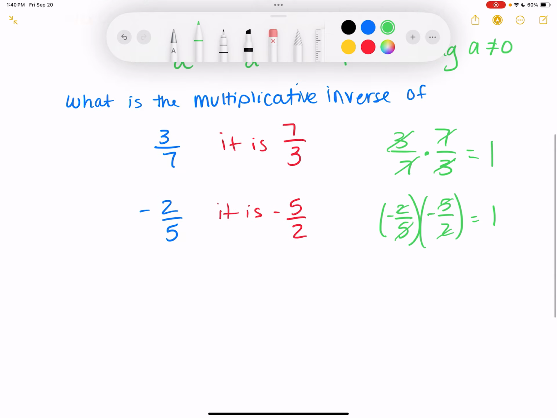All right, the next thing is the division rule.